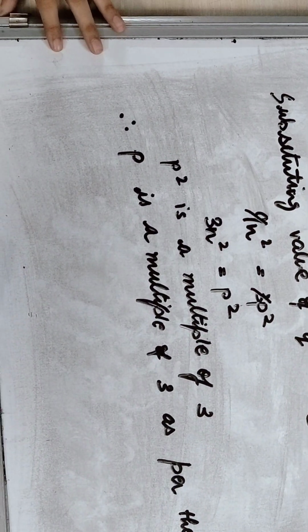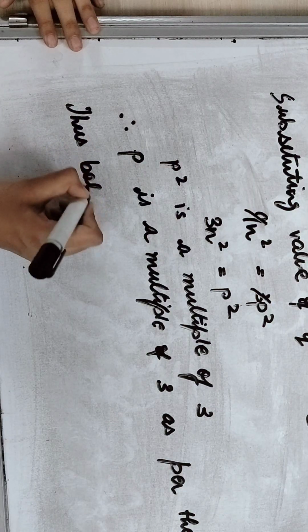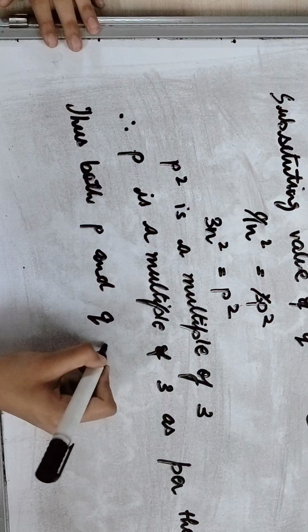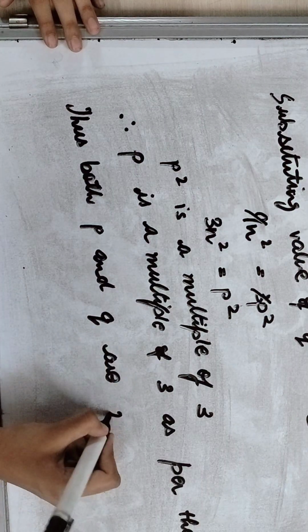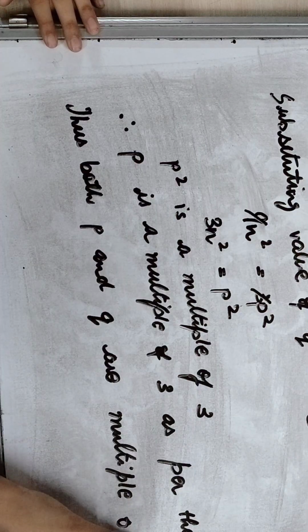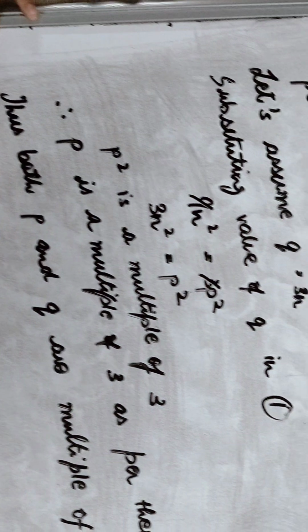Thus we find both p and q are multiples of 3. So our assumption that p and q are co-prime integers is wrong.